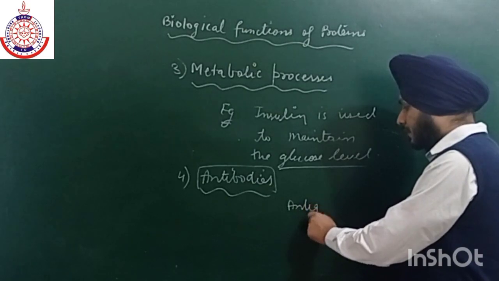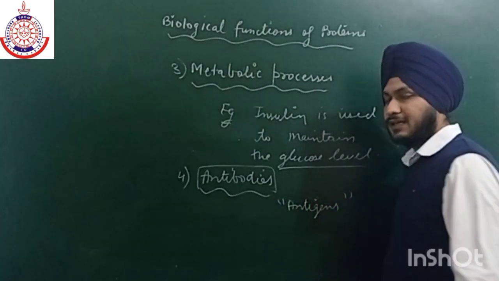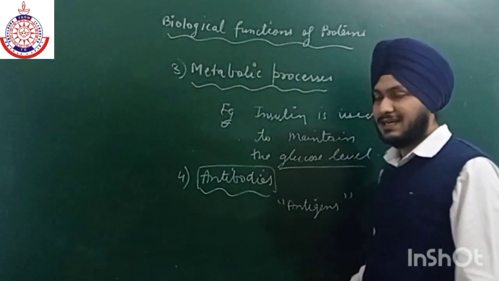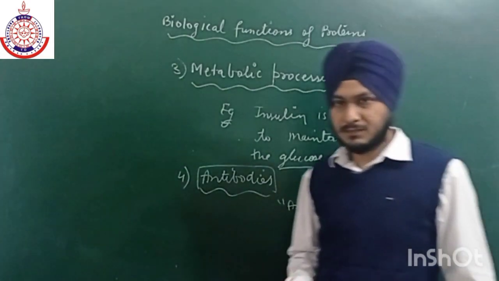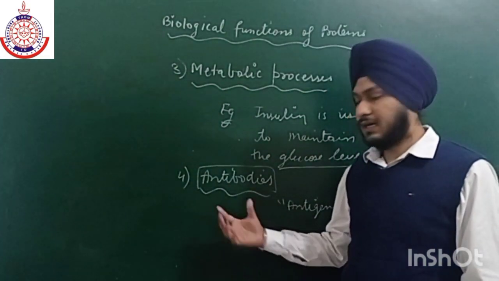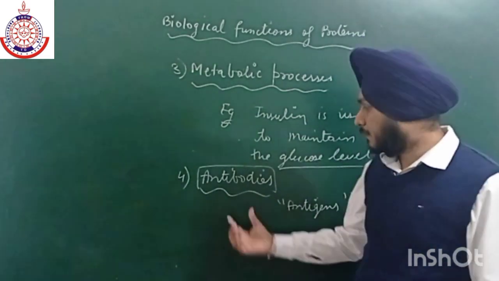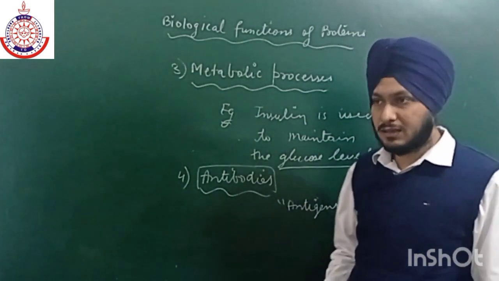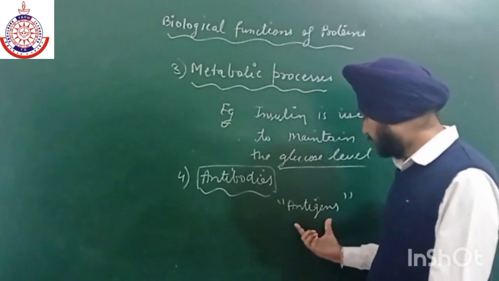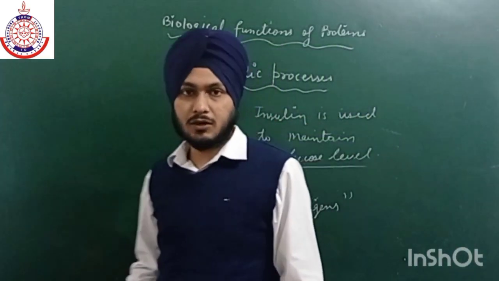Okay, so when some poisonous species enter our body, that are known as antigens, the body secretes or releases some proteins that are known as antibodies. Okay, so antibodies protect us, or they fight against these antigens, against these foreign microorganisms.